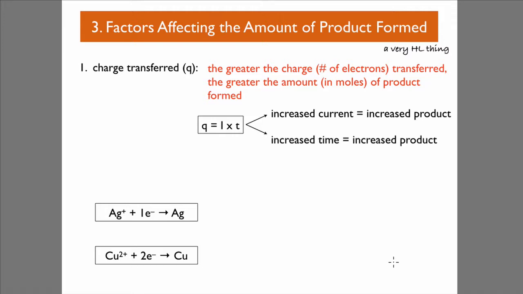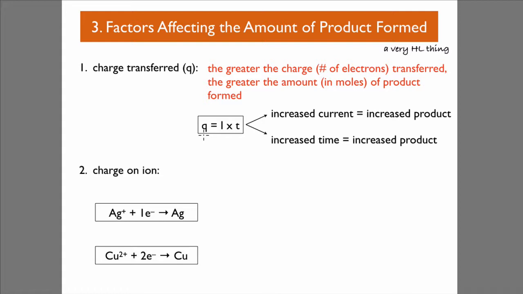And if you increase the time, you increase the product, because you're increasing the charge. If current is increased, the charge is increased. If time is increased, the charge is increased. And the greater the charge transferred, the greater the amount of product that can be formed.